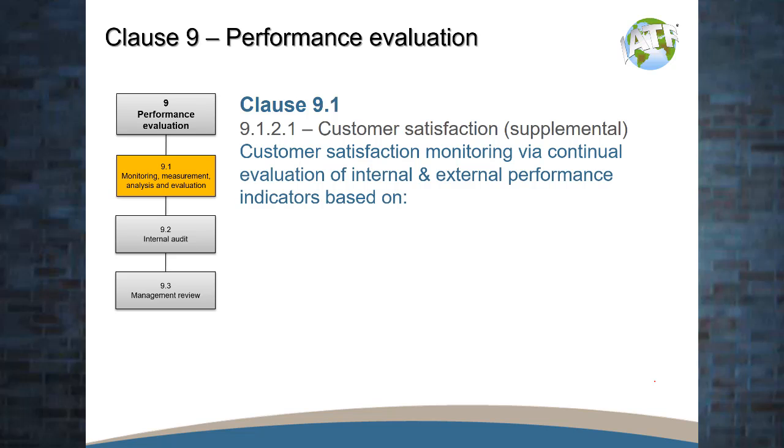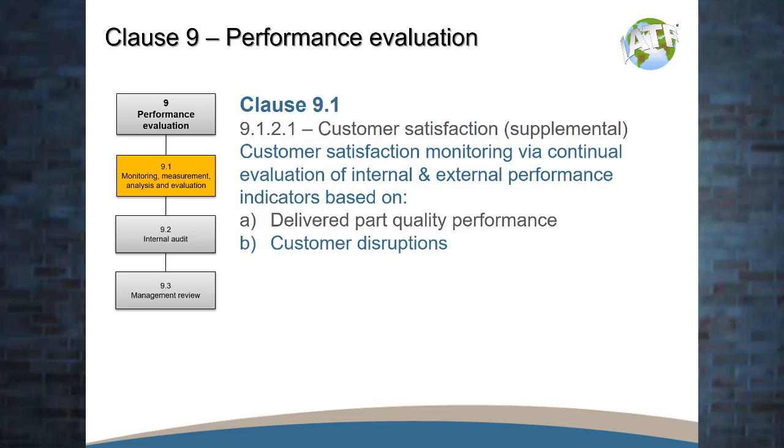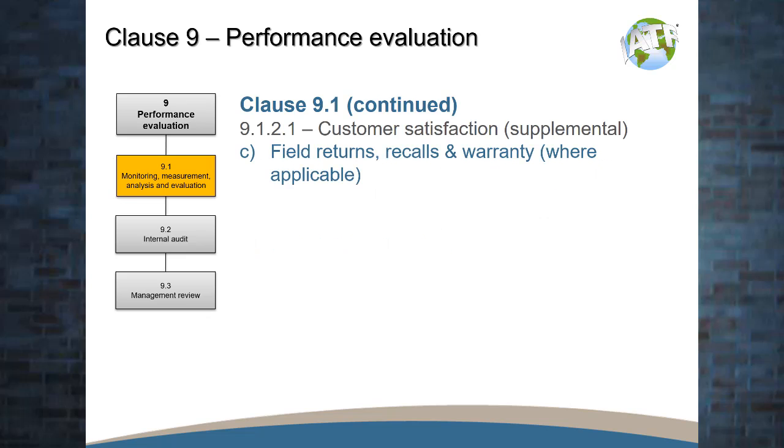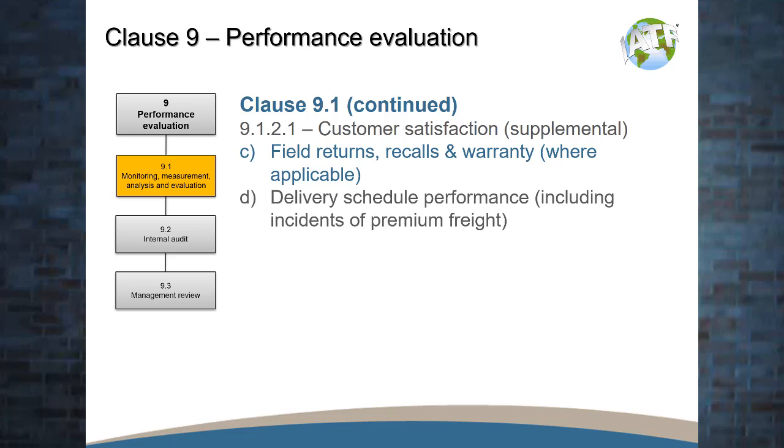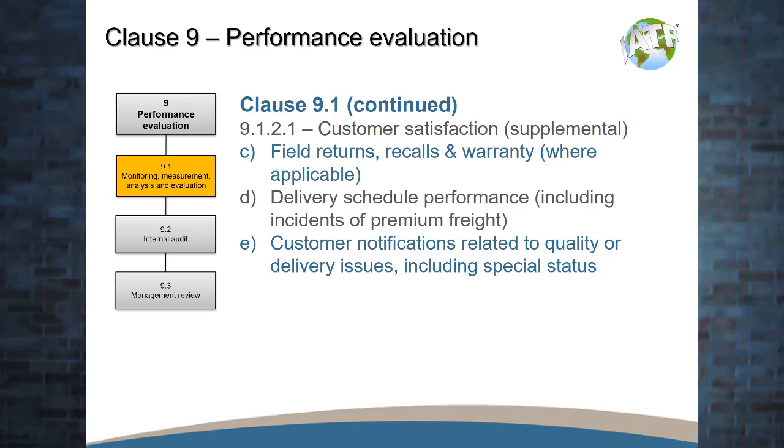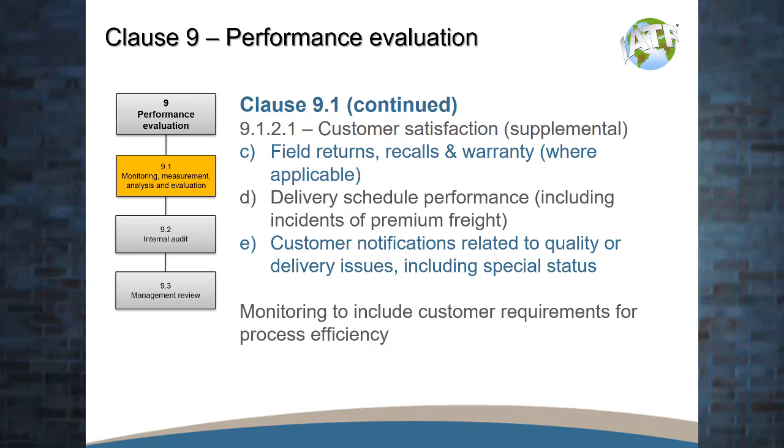So customer satisfaction monitoring via continual evaluation of internal and external performance indicators based on the following: delivered part quality performance, customer disruptions, field returns, recalls, and warranty where applicable, delivery schedule performance, including incidents of premium freight, which is unintended shipping expenses, customer notifications related to quality or delivery issues, including any special status, and then monitoring to include customer requirements for process efficiency.